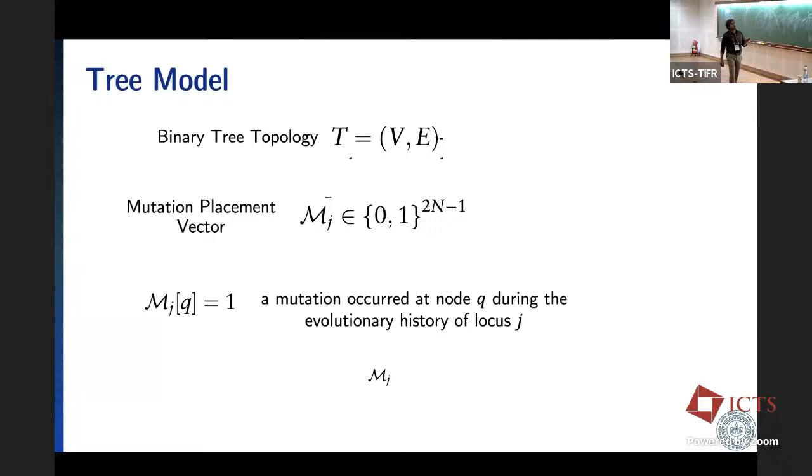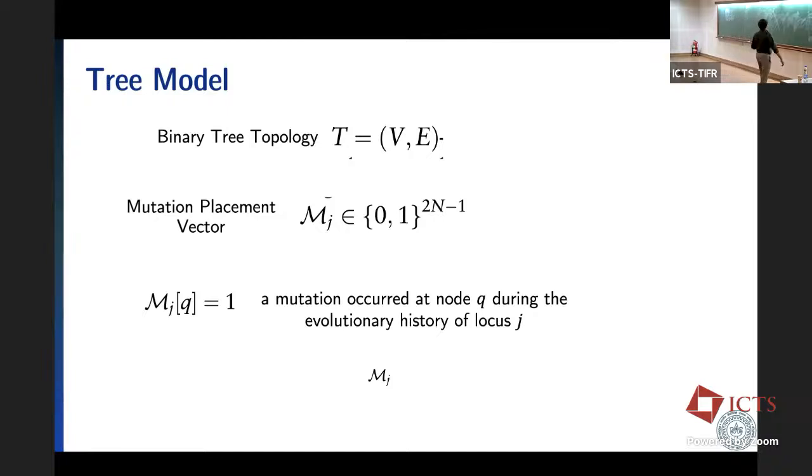If we are saying that mj of q is equal to 1, then that means the mutation occurred at a particular node q during the evolutionary history of locus j. Okay. So j is basically indexing the locus itself, and wherever it is happening, this is the node.